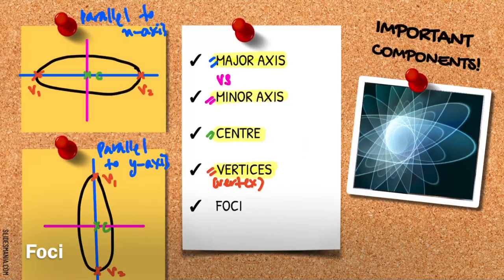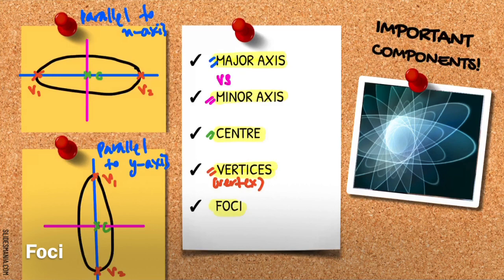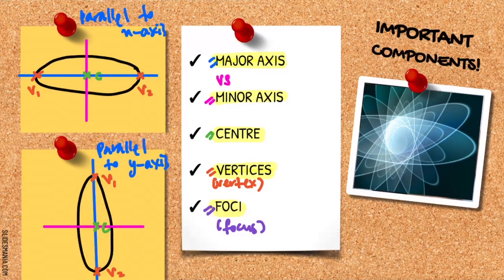And lastly, let's see our foci. What is foci? We already learned this before, but we used the word focus. Focus is the singular point that we learned in parabola, right? Where is the focus? Focus is always in front of the vertex. Let us apply here.